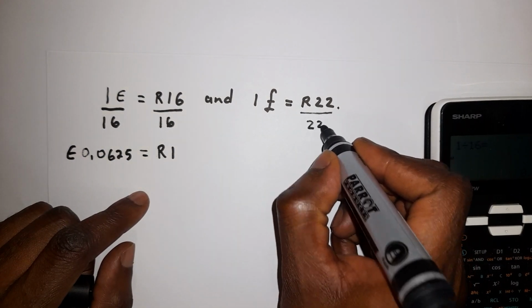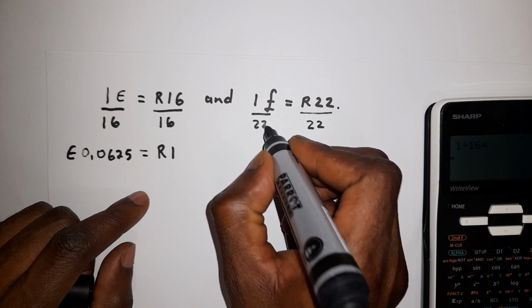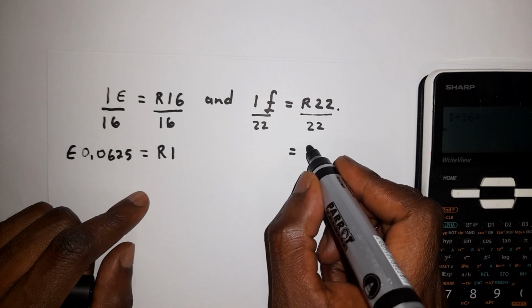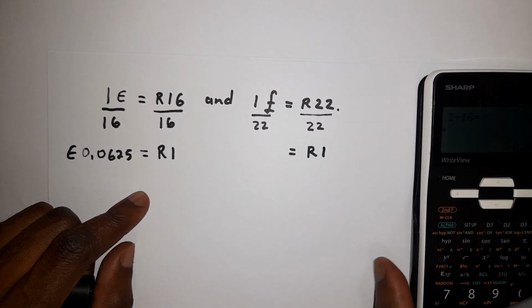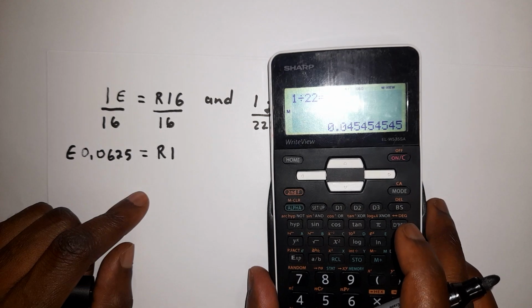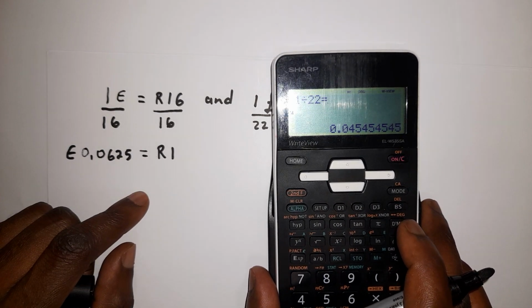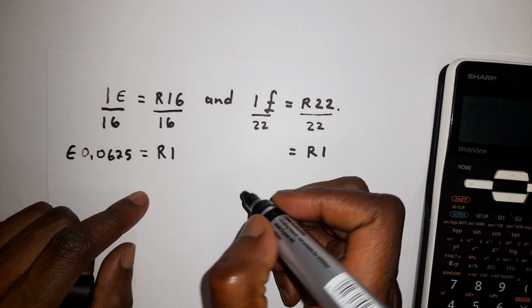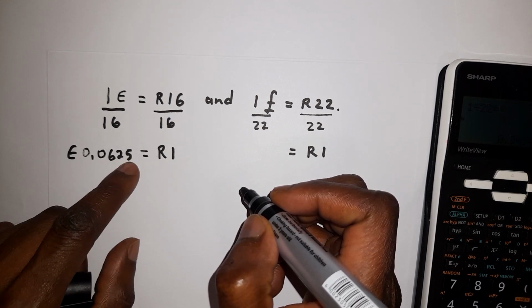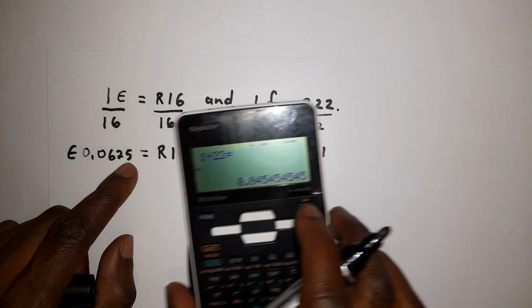We divide by 22, we divide by 22. Right, and then we'll have our South African rands simply being a rand. And then we'll have 1 divided by 22, which gives us 0.0454545. So we'll just take almost the same decimal places as this one. So we have 4, we'll just take 4 as well this side.